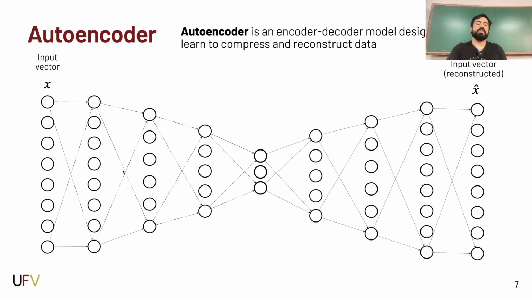But what is cool about this as well is that by compressing the dimensionality of the input data, we force our model to learn intrinsic information from the data. So the model has to just keep here whatever really matters, right?